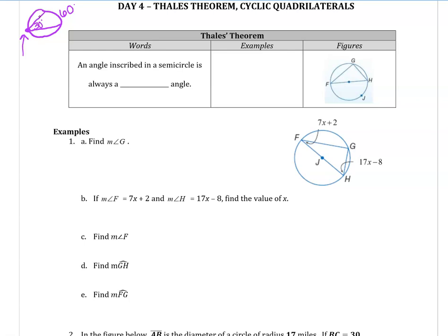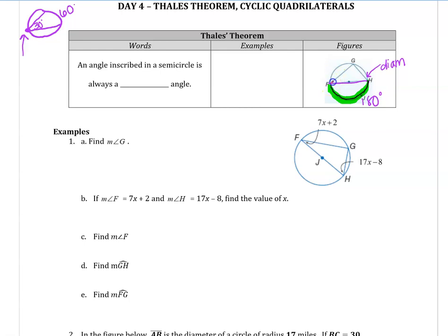If I look at this depiction, I'm recognizing that FH, because it's going through the center of the circle, is the diameter. If that's the diameter, then the intercepted arc, which I'll highlight in green, is 180 degrees.